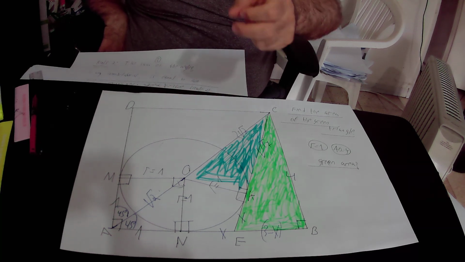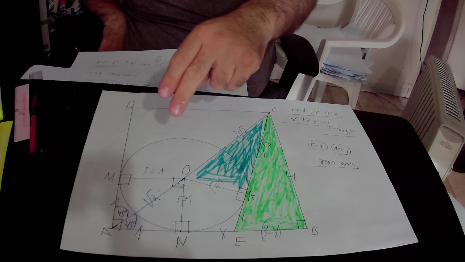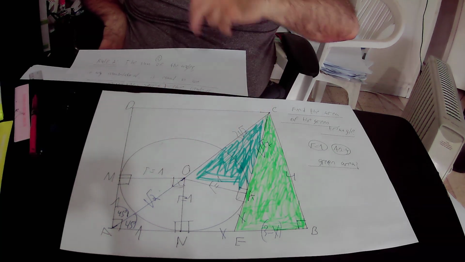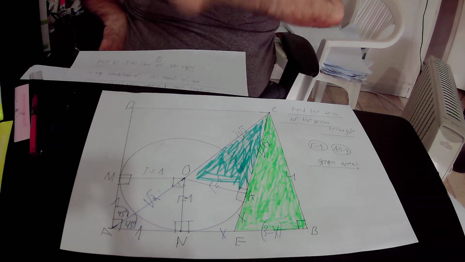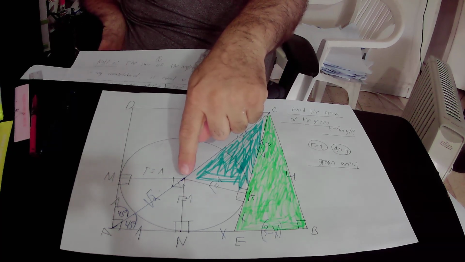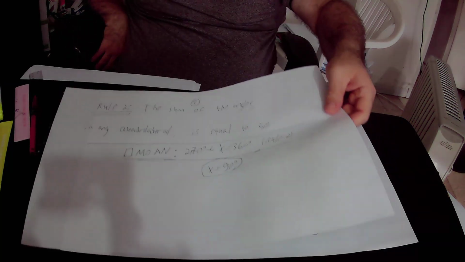Which angles does this quadrilateral have? It has 3 right angles: 1, 2, 3. The sum of 3 right angles is 90 times 3, which is 270 degrees, plus the size of the fourth angle, angle X, must be equal to 360 degrees.